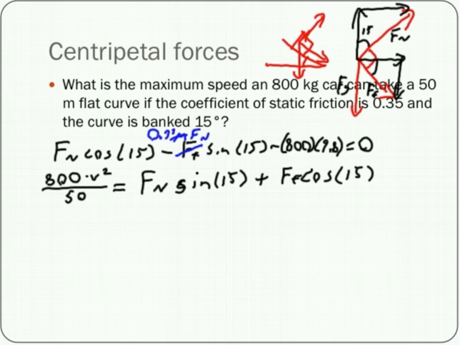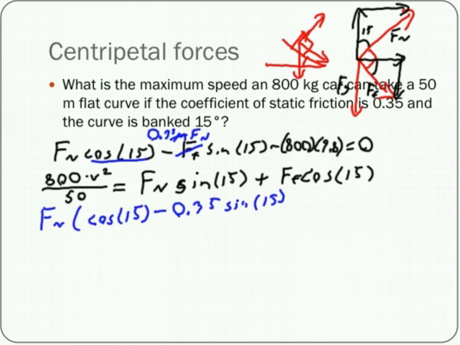When we do that, it simplifies things a little bit. We can pull the Fn out of this first one, and end up with Fn times the quantity of cosine of 15, the term from the first bit, minus the term for the second one, which is 0.35, the mu, times sine of 15. And that's going to end that part.